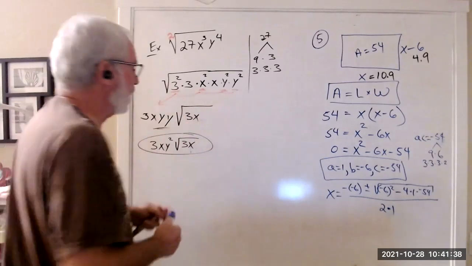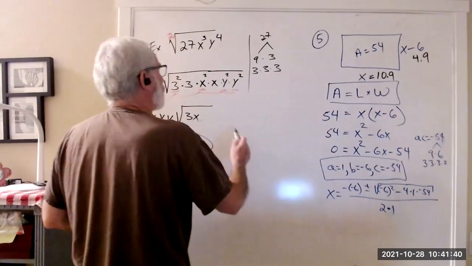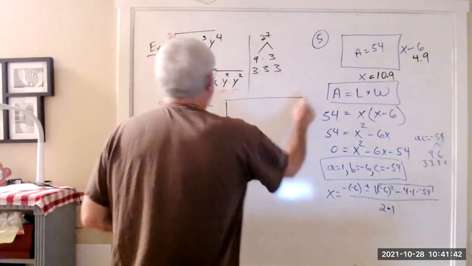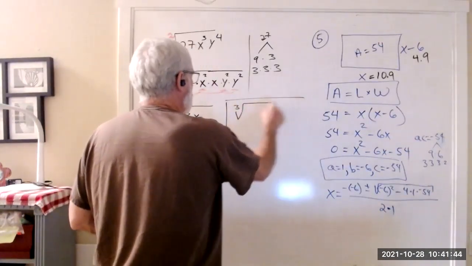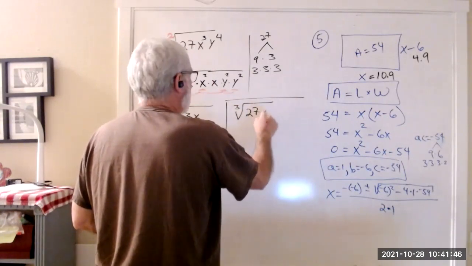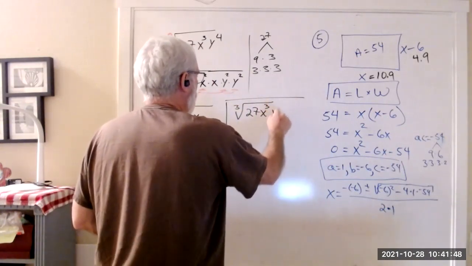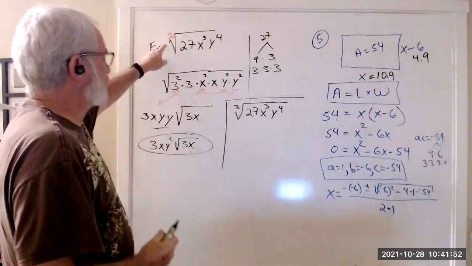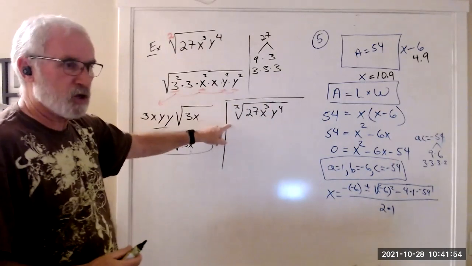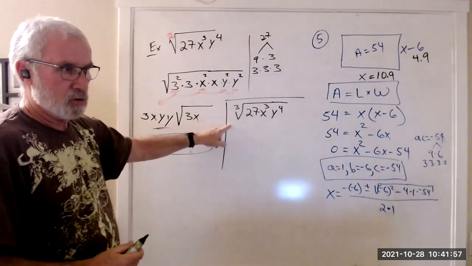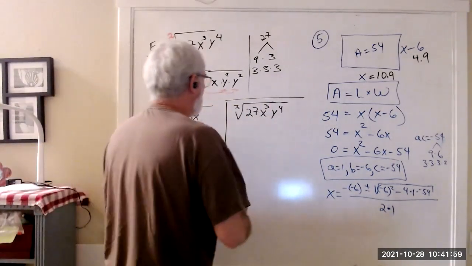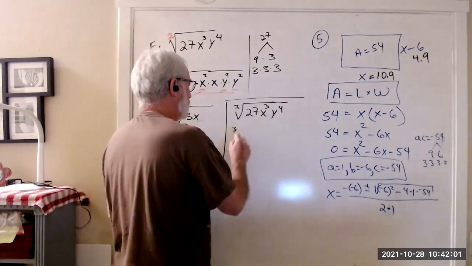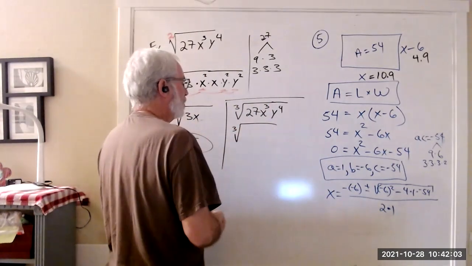before you go. Okay. What if we did the cube root of 27x to the third, y to the fourth? Instead of a square root, what if we did a cube root? Well, I guess it'd be the same, only like the ones with a power of 3 will come out, no? Right.